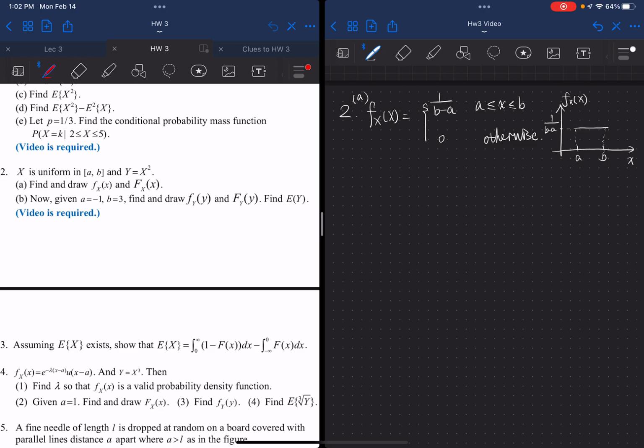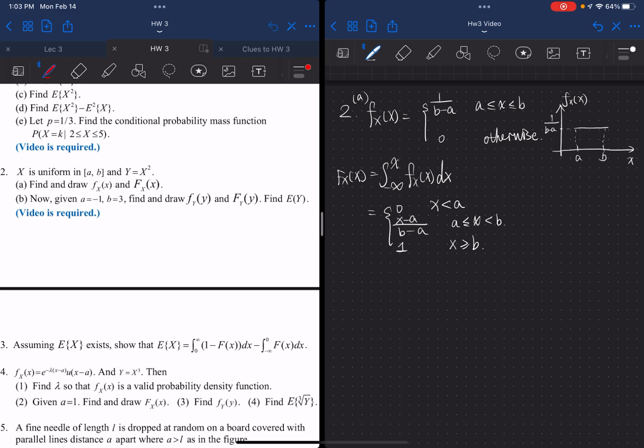To calculate the distribution function of X, it is the integral of the probability density function from minus infinity to x. It equals 0 when x is smaller than a, it equals (x minus a) divided by (b minus a) when x is from a to b, and it equals 1 when x is greater than b.